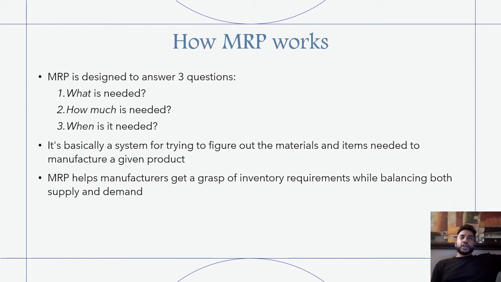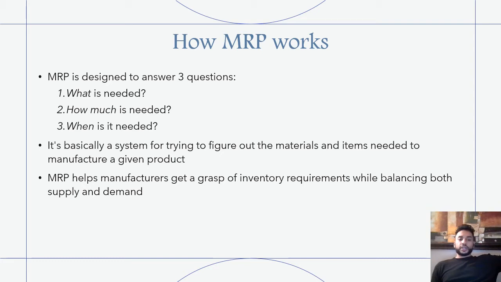So let's just say you're Samsung and you're building three different S20 Pluses, Samsung earbuds, and Samsung televisions, all that stuff in the factory, right? An MRP system tracks all that, so it helps you figure out the materials and items needed to manufacture a product.